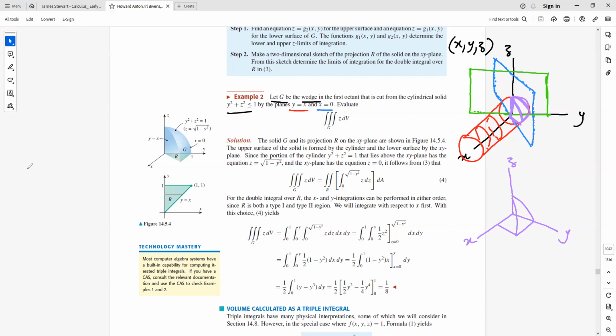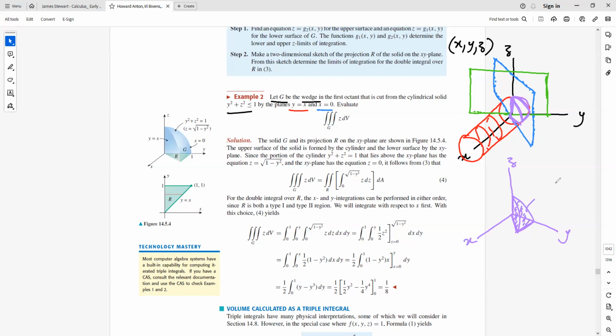Sorry, let me draw it again. Now this region, right? So here we have this region, and this is the region that contains some volume, right?